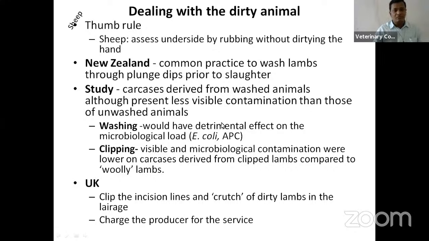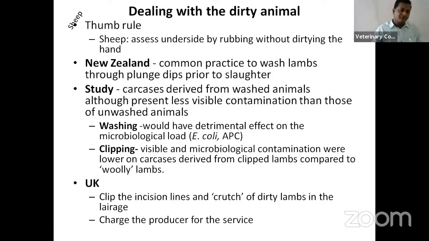But there is no guarantee that such washing would reduce the microbial load. They found that E. coli count and aerobic plate count were not appreciably reduced. So, what I mean to say here is, washing will reduce the visible dirt, but will not ensure better bacteriological quality. So that's why washing is debated here.